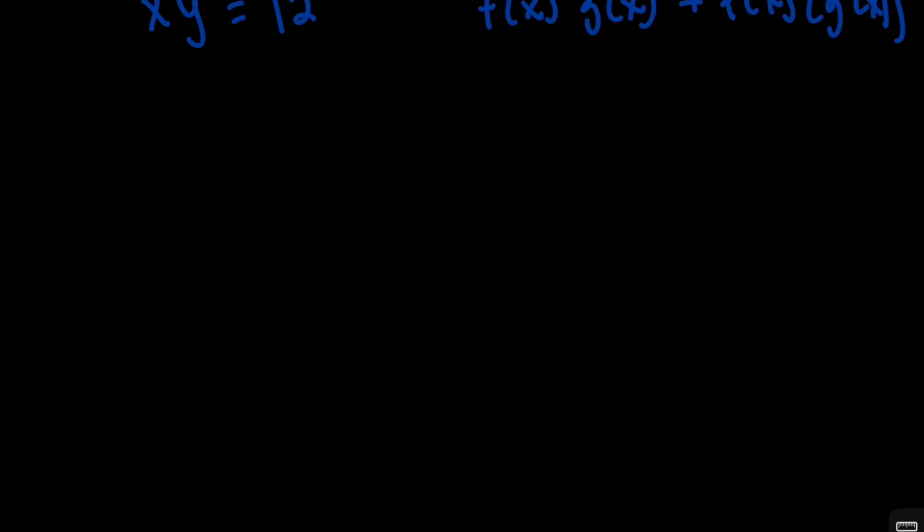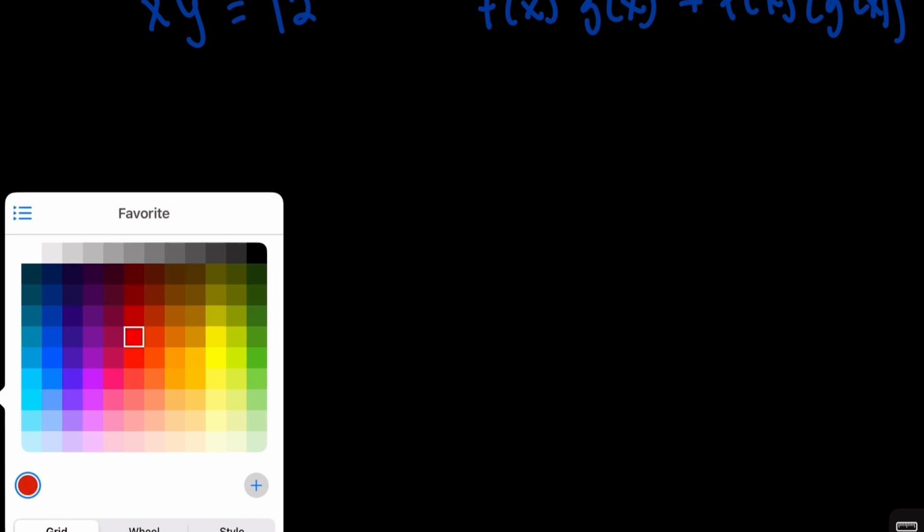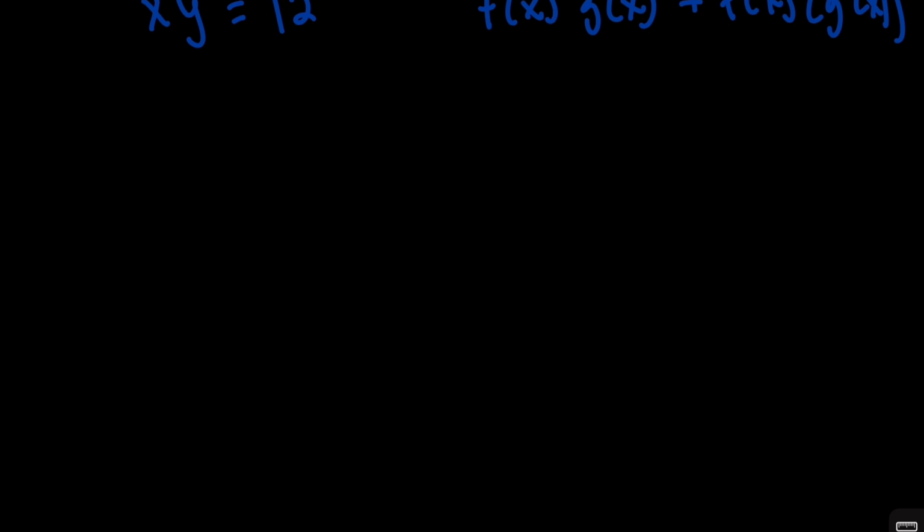So we're going to use f of x as our x, and g of x is going to be our y. Now, let's go back to our equation. So f prime of x, the derivative of x, is just 1.